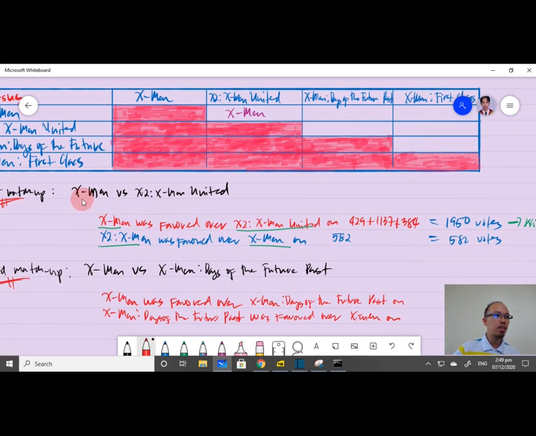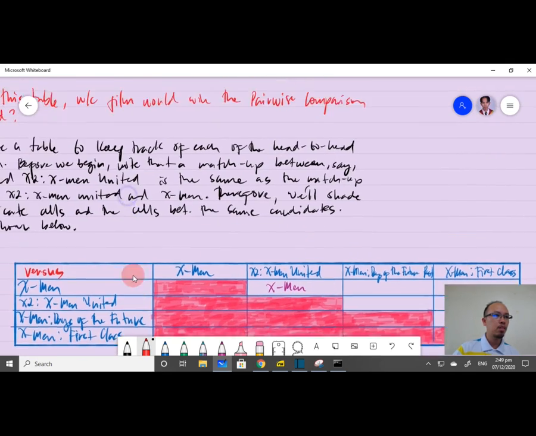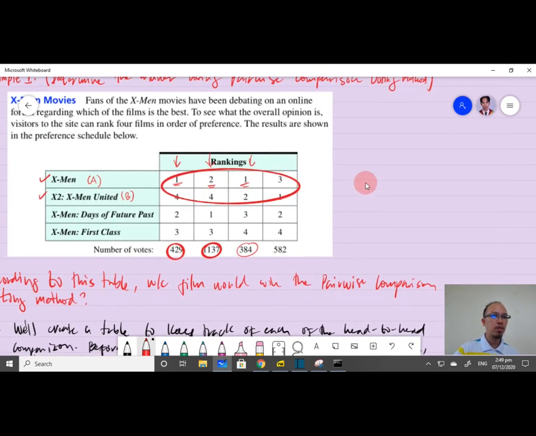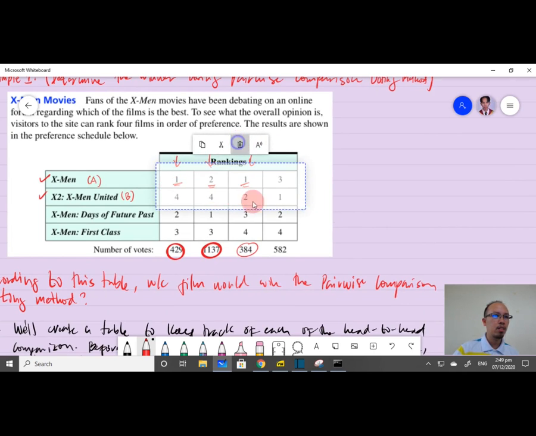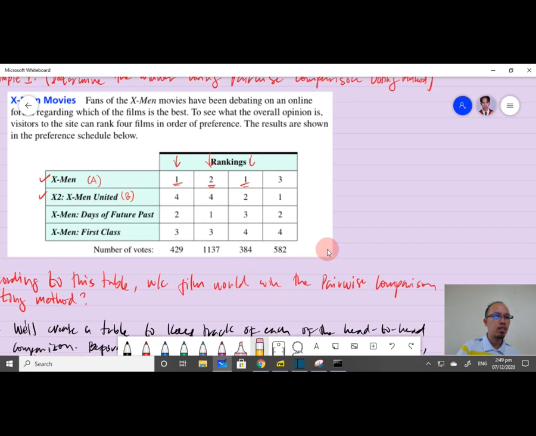Just compute again, go back to your table here, and let's erase this one and compare X-Men and X-Men Days of the Future Past.